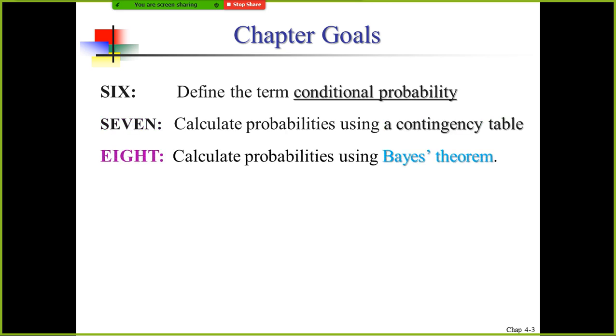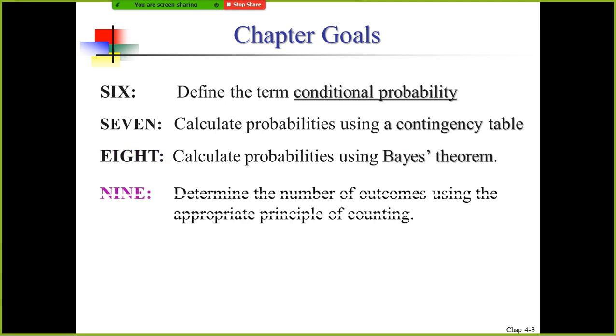By using Bayes' theorem, we calculate probabilities of something that happened. And the last one, we can determine how many outcomes, how many results, from using the suitable principle of counting.